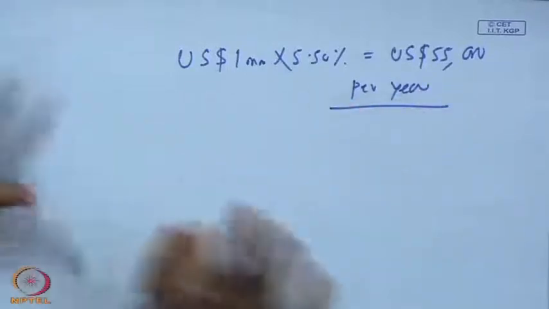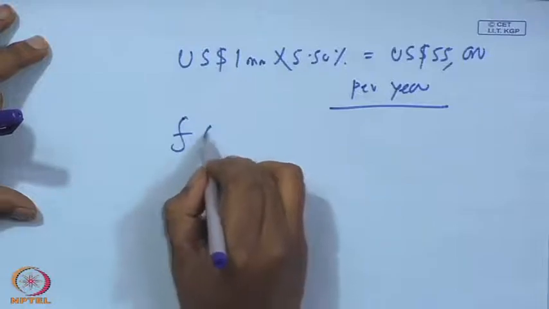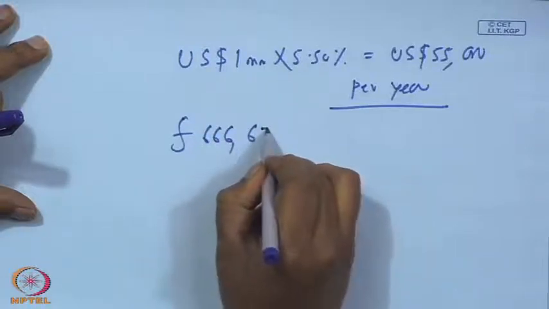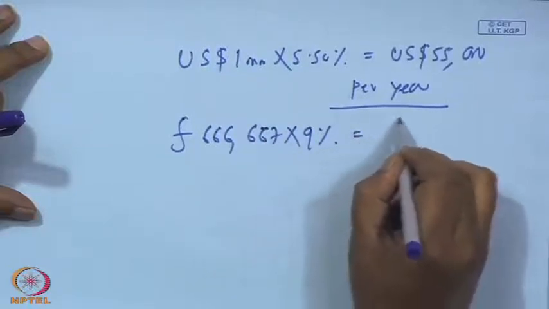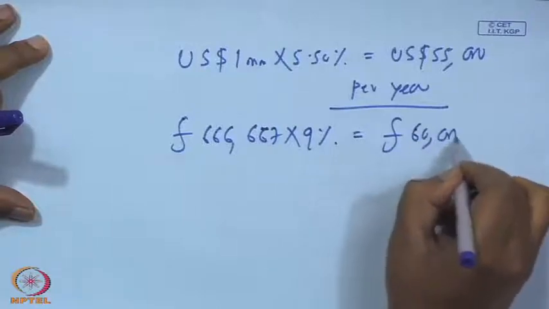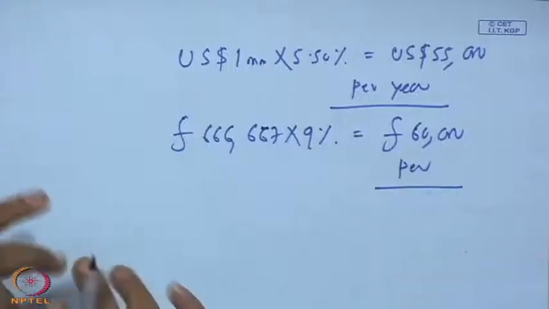The transaction is for 5 years. Similarly, for pound sterling interest, 666,667 into 9% is equivalent to pound sterling 60,000 per year for 5 years.